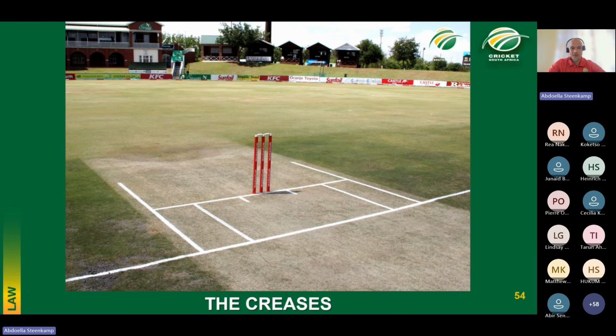In a T20 game, there are wide guidelines, and this is to assist the umpires in consistently calling wides. But in Test match cricket or multi-day cricket, you will not find these wide lines. I'm just mentioning it because you might have thought, but Abdullah, you said there's only 3 creases. Yeah, I do see other lines here as well. So what are those other lines?